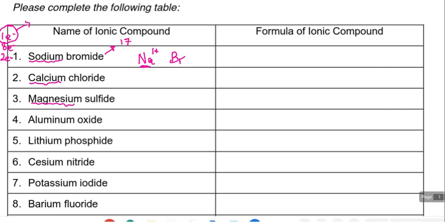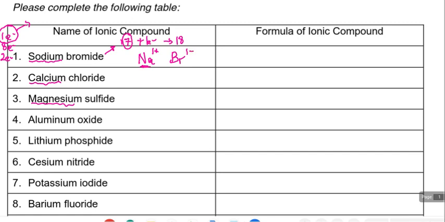Remember, we said the last digit of the group number tells us how many valence electrons are in the outer shell. So bromine has 7 valence electrons, which means it wants 1 more to fill. It wants to steal an electron, to have 18 electrons, and when it does, it's going to have a charge of 1 minus.